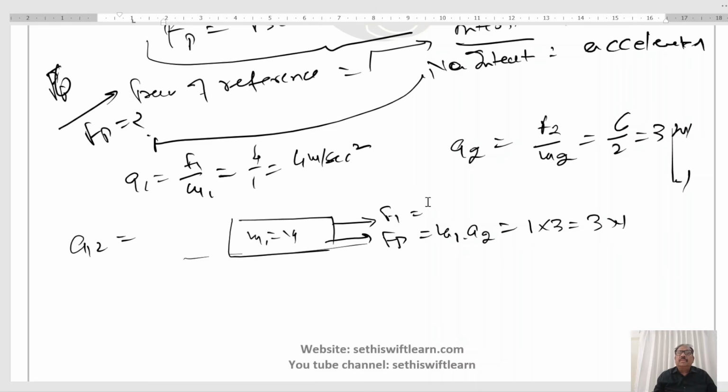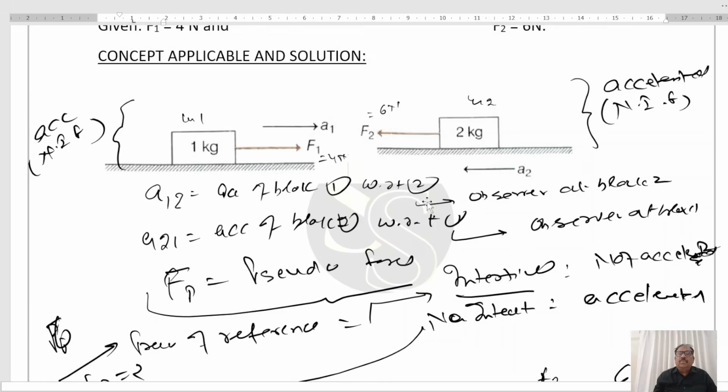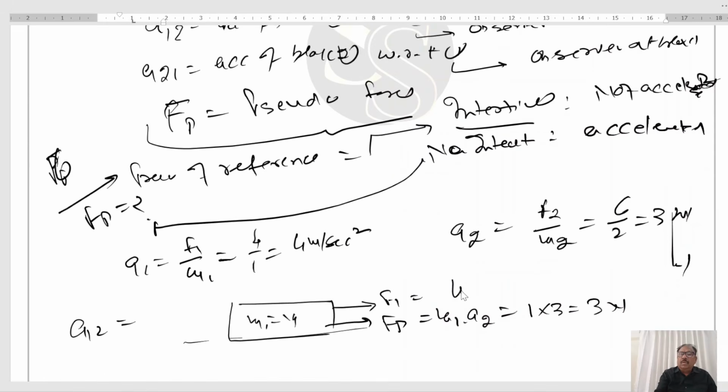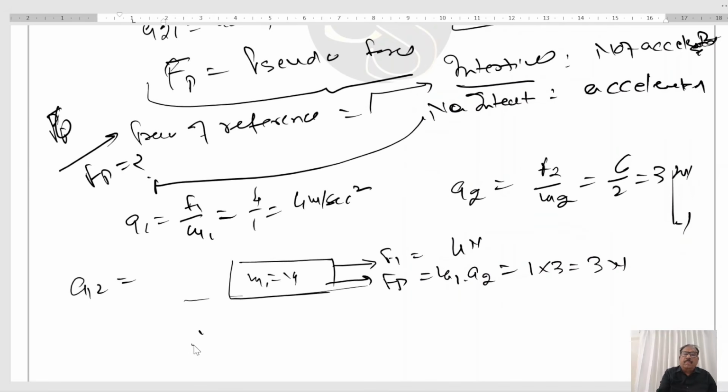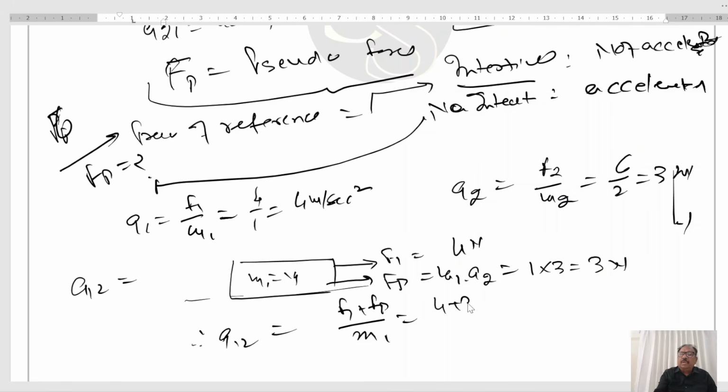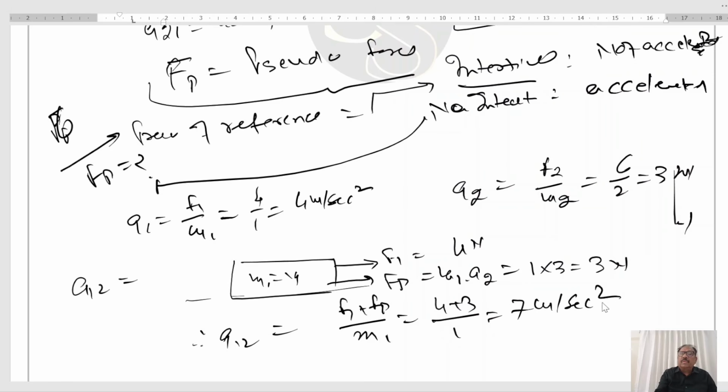F1 is 4 Newton. So this is the pseudo force. Therefore, A12 will be equal to F1 plus Fp divided by M1. On simplification, 4 plus 3 divided by 1, that is 7 meter per second square.